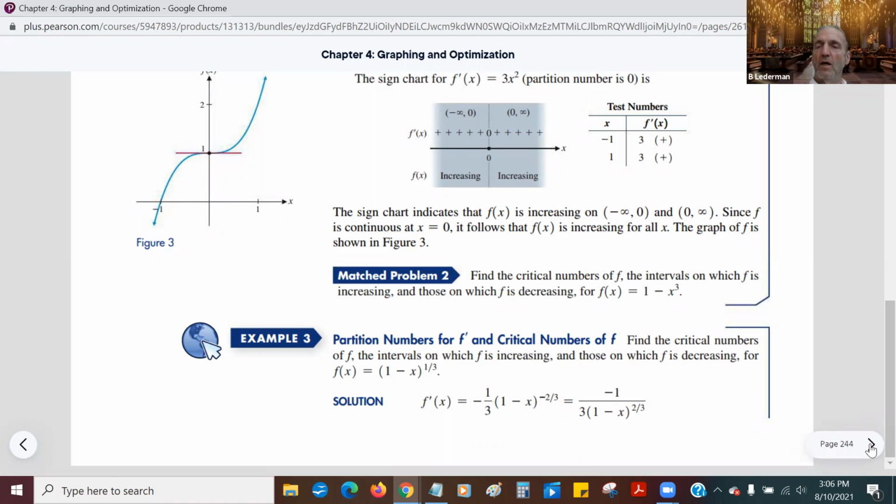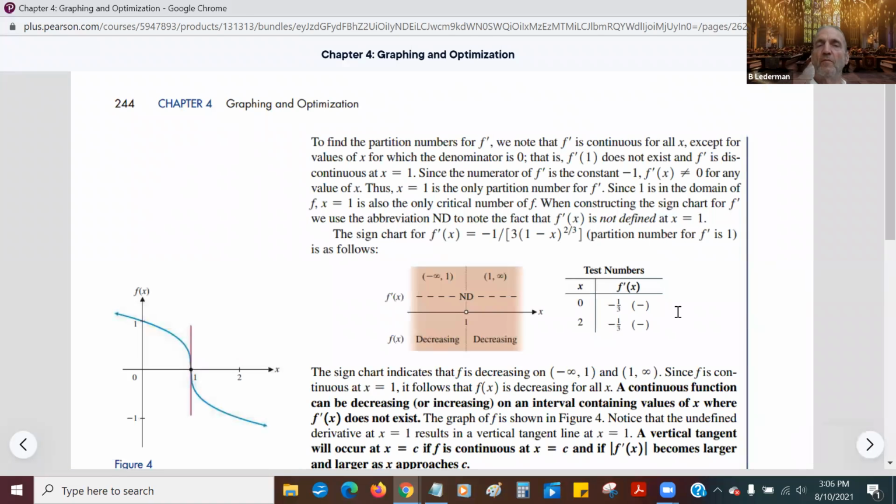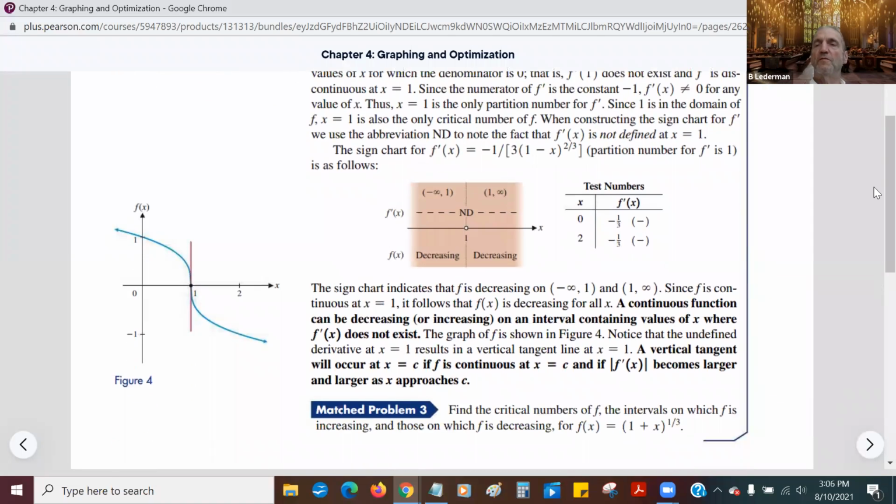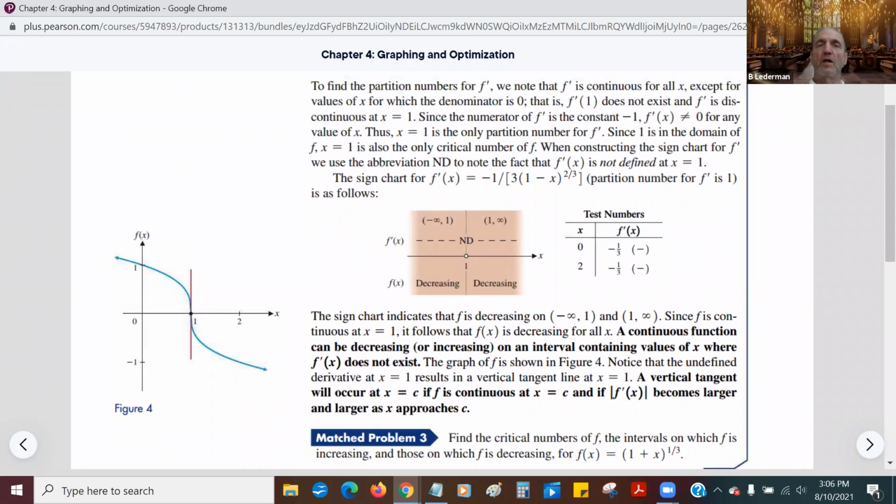Okay, now let's analyze this a little bit. To find the partition numbers, first of all, f prime is continuous, except when the denominator is 0. Now, what's wrong with the denominator being 0? When the denominator is equal to 0, the slope is going to be undefined. Let's go back and see why that is.